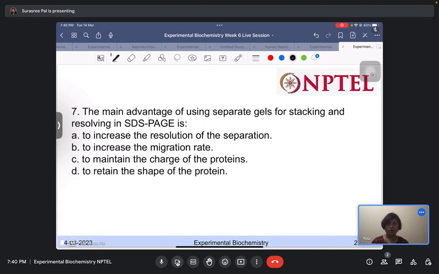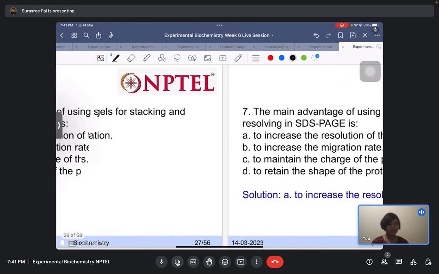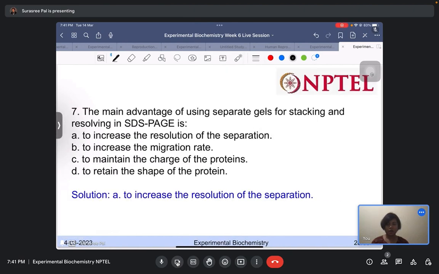Next question. What is the advantage of using separate gels for stacking and resolving? So the correct answer here is to increase the resolution of separation, because the proteins are now stacked in a single line.